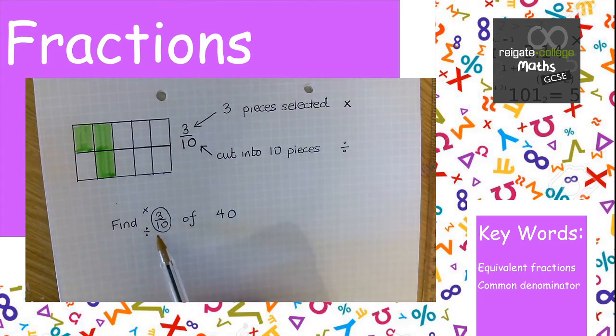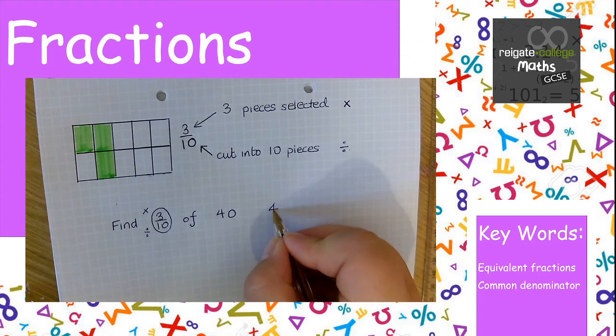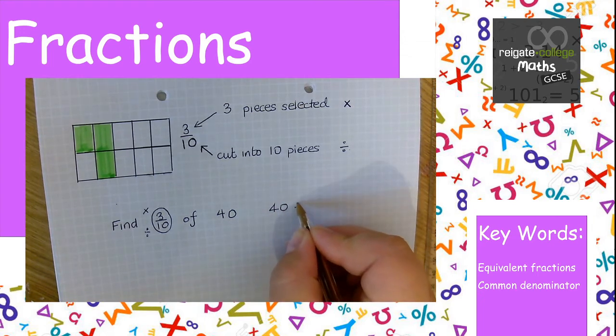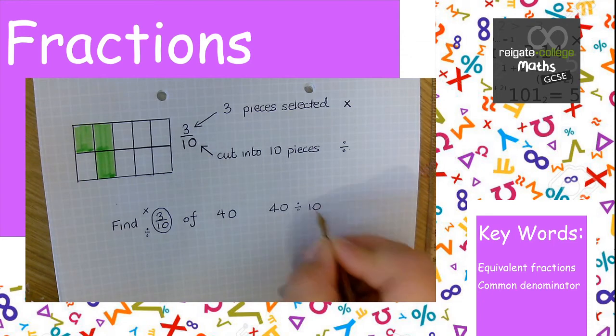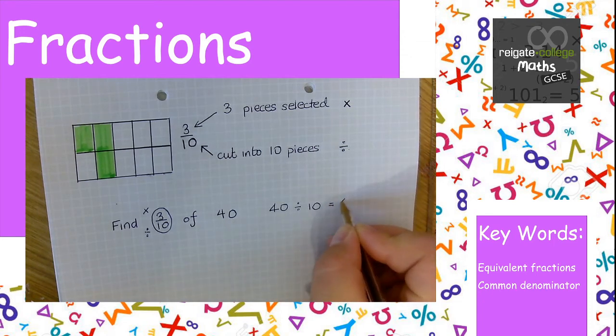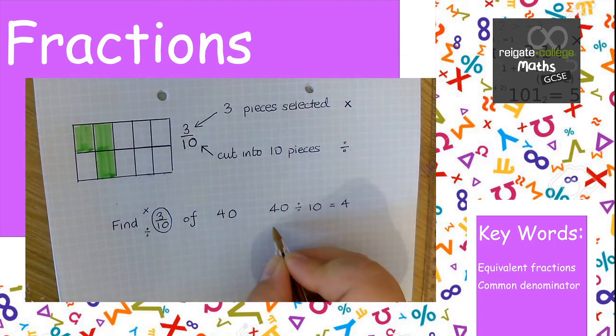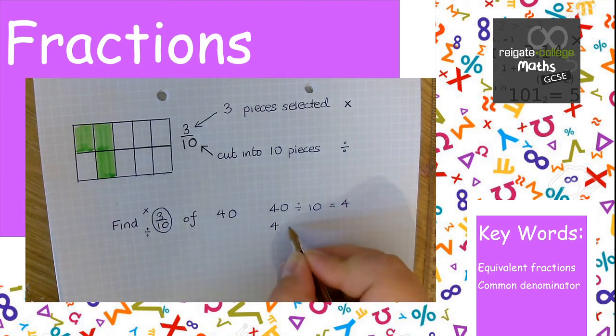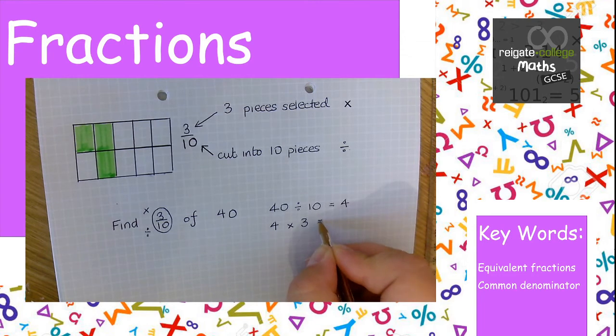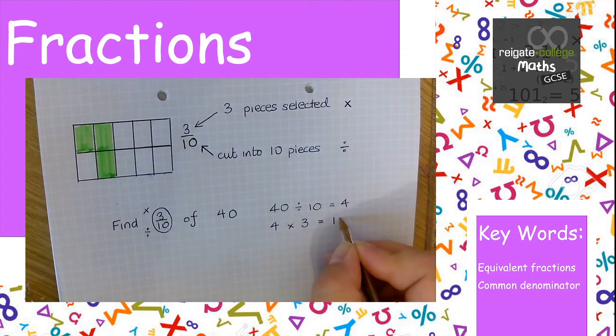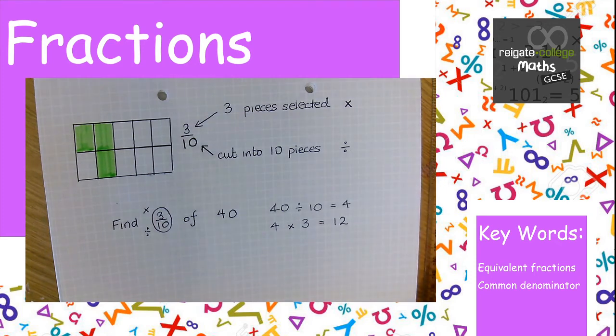So to find 3/10 of 40, I first of all take my whole one and divide by 10, meaning each piece has a value of 4. I then take my value of 4 and multiply it by my numerator of 3, which means I want 3 of those pieces. 3 lots of 4 is 12. I can focus on doing that purely numerically.